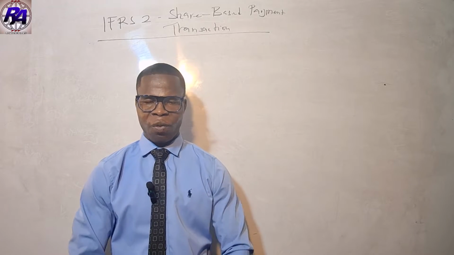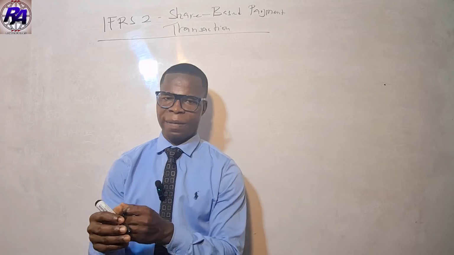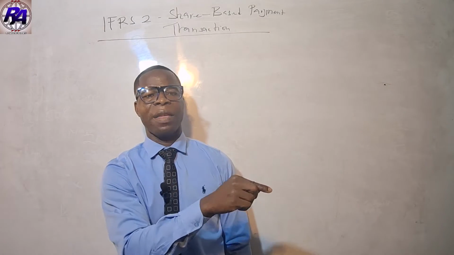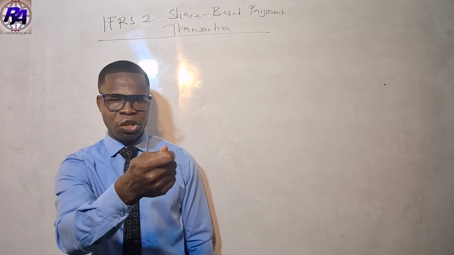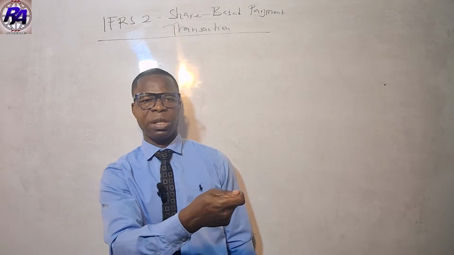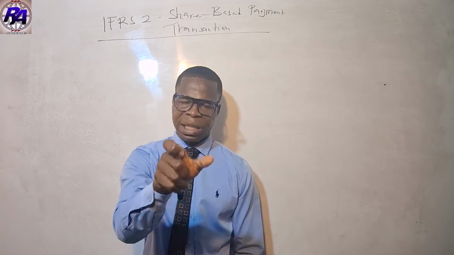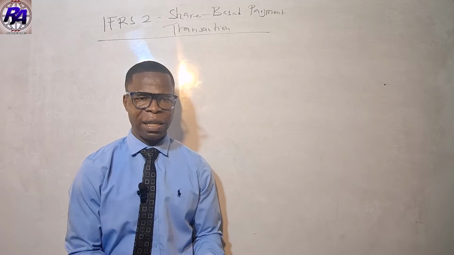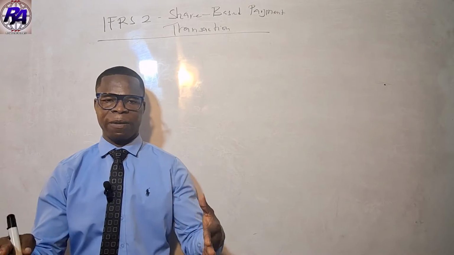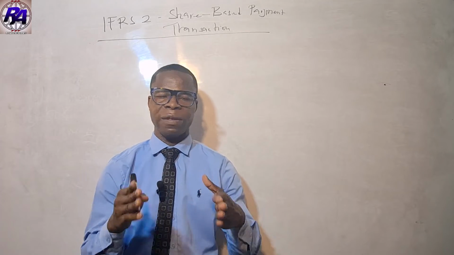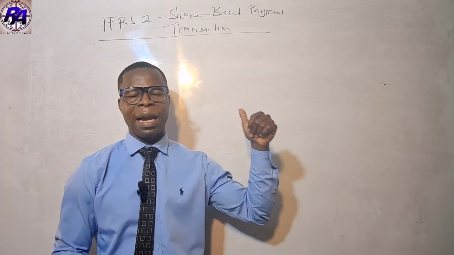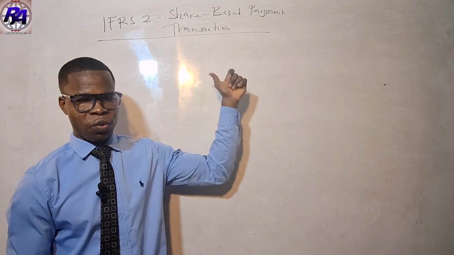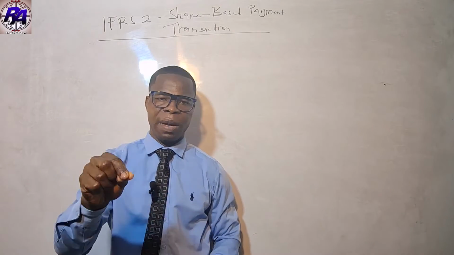However, when an employee works for an entity and the entity, in paying for the services rendered by the employee, issues equity instruments or share options to the employee, such a transaction is not recorded by the entity. This is an anomaly when it comes to accounting. So to rectify that anomaly, the IASB issued International Financial Reporting Standard 2, which has to do with share-based payment transactions.